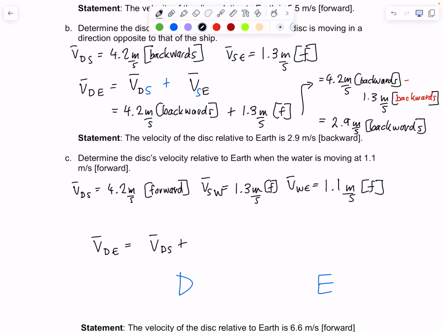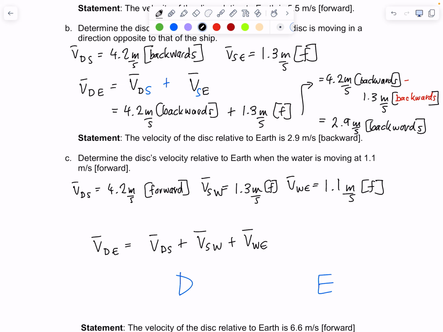Now, the next variable that I put in needs to start with an s in order for me to combine them. So I am going to use the velocity of the ship relative to the water. My next variable has to start with a w if I want to pair them up. So I'm going to do velocity of water relative to the earth.